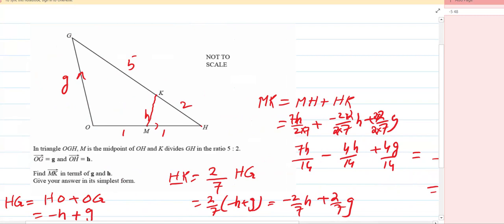Don't jump in that one. It must start from H and end at that. Okay? That's very important because for vectors, the direction is very, very important. You must take care about the direction. Okay?